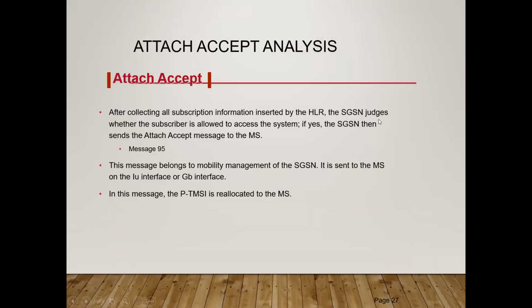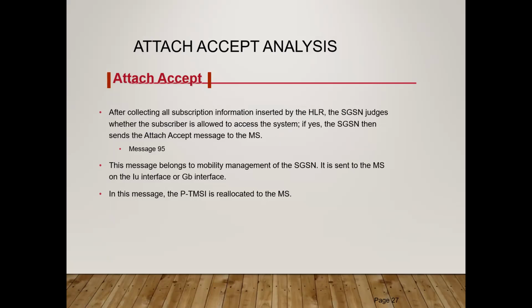Okay, so next is your attach accept analysis, your attach accept message. So once the SGSN gets that, the SGSN is going to send an attach accept message to the user equipment. After collecting the subscription information, the SGSN judges whether the subscription is allowed to access the system. Obviously, this is something that needs to be checked, that even if your subscription information has been sent, maybe there is no APN assigned.